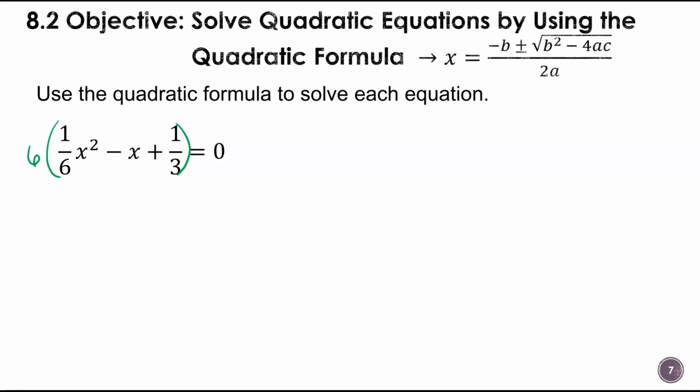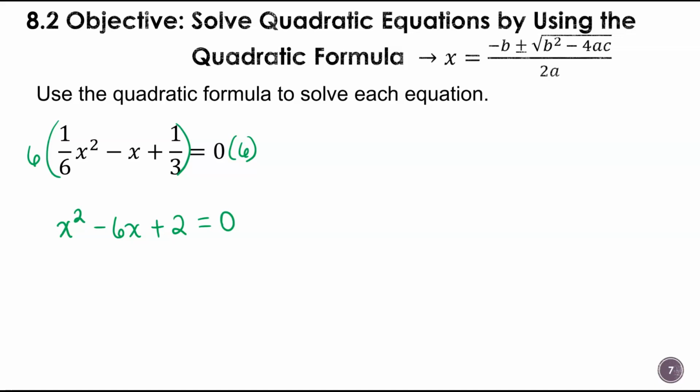You multiply by the least common denominator or the least common multiple of your denominators, whatever you want to say on that, on both sides of your equation. So 1/6 times 6 is 1, so that will just be x squared. Don't forget the negative 1x, so that'll be negative 6x. 1/3 of 6 is 2. And so we have that ready to go then.